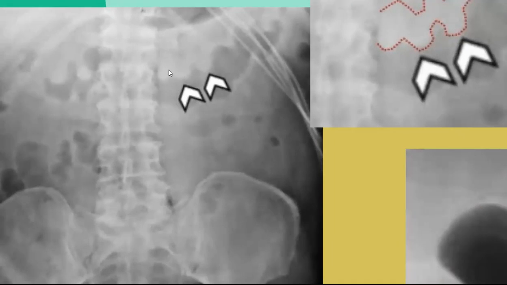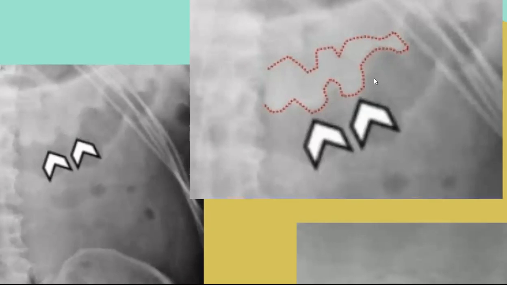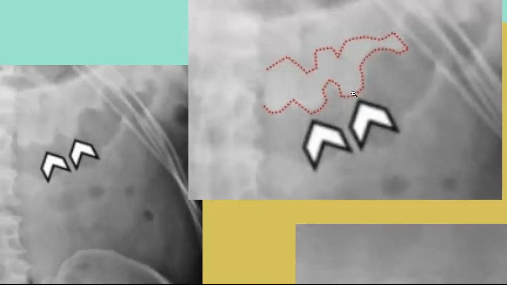It shows infiltration of the wall, resulting in these thumb-like protrusions of the mucosa. Here is a close-up. This darker area is air within the transverse colon, and these arrows are pointing to mucosal thumbprinting.